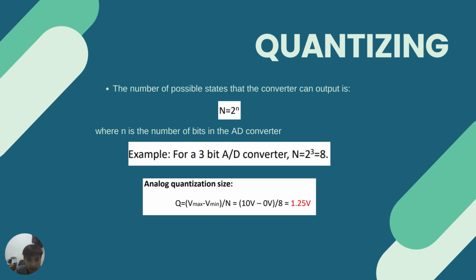Then the analog quantization size is Q equal to Vmax minus Vmin over N. If we have a maximum of 10 volts and a minimum of 0 volts, the result is 1.25 volts.